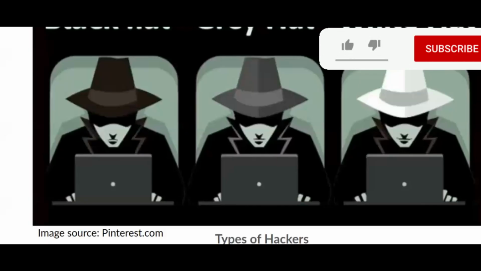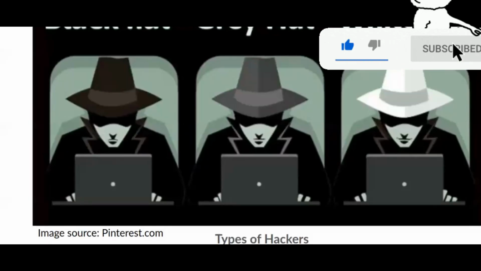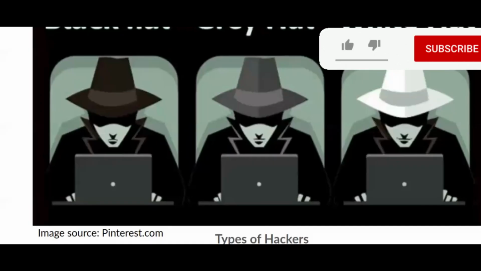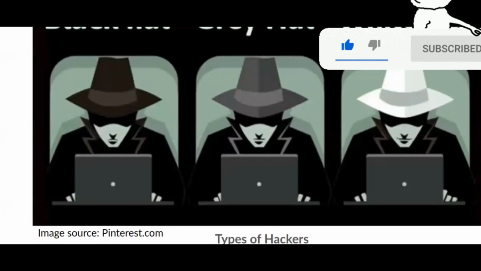Those who usually have a mix of the attributes of a black hat and a white hat are called gray hat hackers. So I hope you understand, basically there are two sides. One side is attacking the systems, and the other side defends the system and makes the defenses strong so that bad guys cannot make use of it.